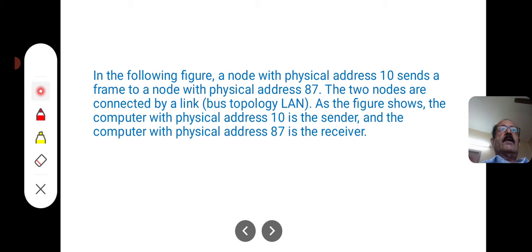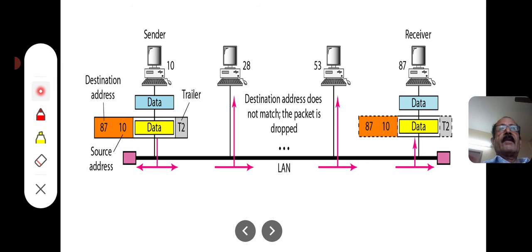Let us consider how this physical address is dealt with. Four hosts are shown here, four systems. See the sender, the receiver, and in between there are two other systems.